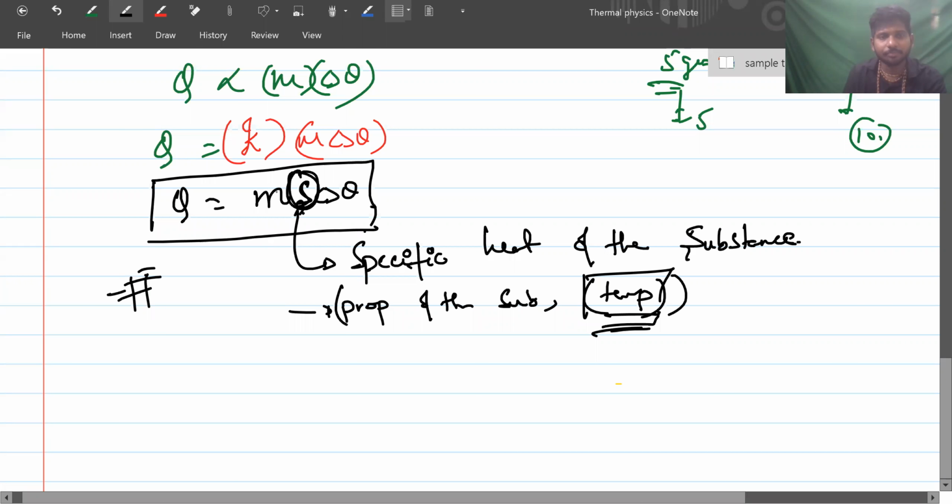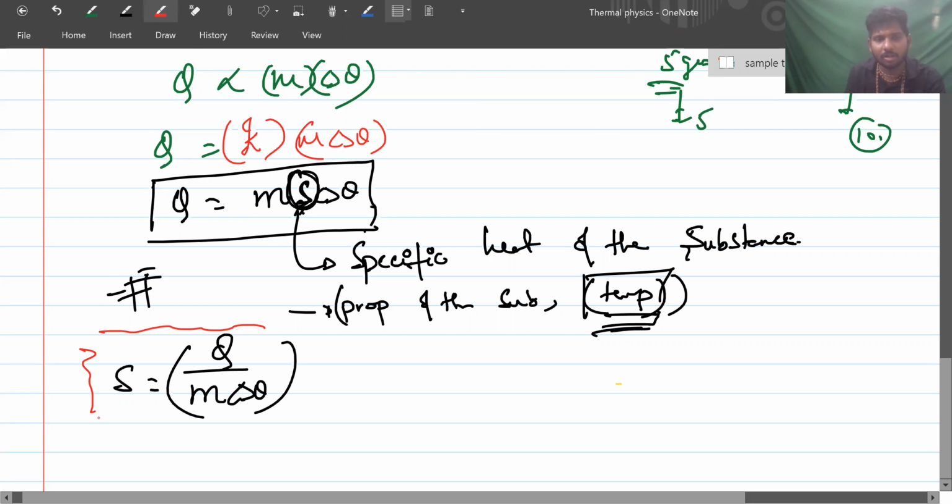Now this S can be written, from the definition of Q, as S is equal to Q by m delta theta. This definition can be solved here in thermodynamics or thermal physics. Number of definitions will be there of this sort, or in physics also you can write.